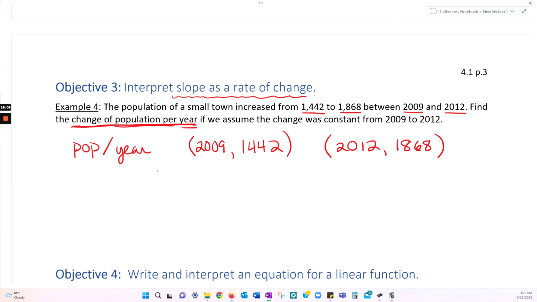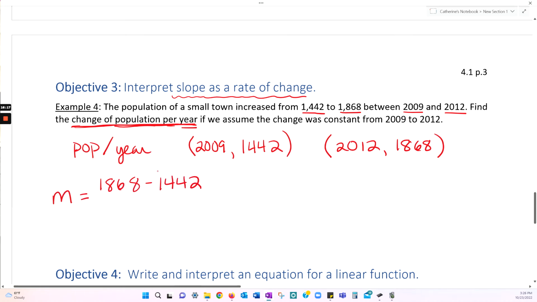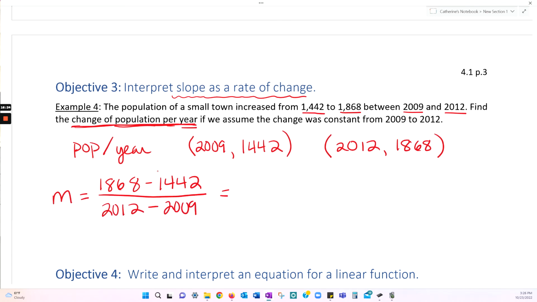So our change of population per year is our slope, and we're just going to do the difference in the populations, 1868 minus 1442, over the difference in the years, 2012 minus 2009. I'm going to put this into my real life calculator. 1868 minus 1442, okay, I got 426.